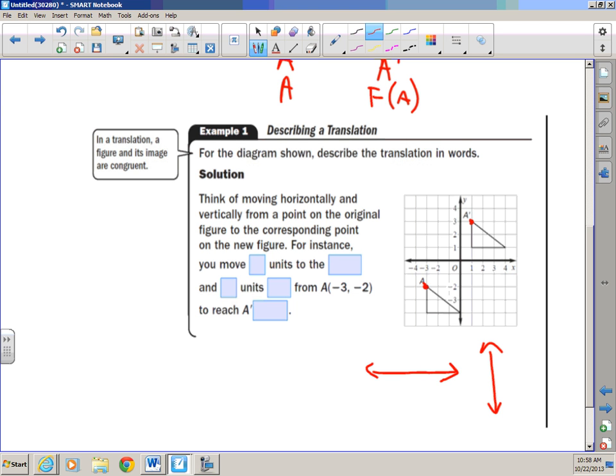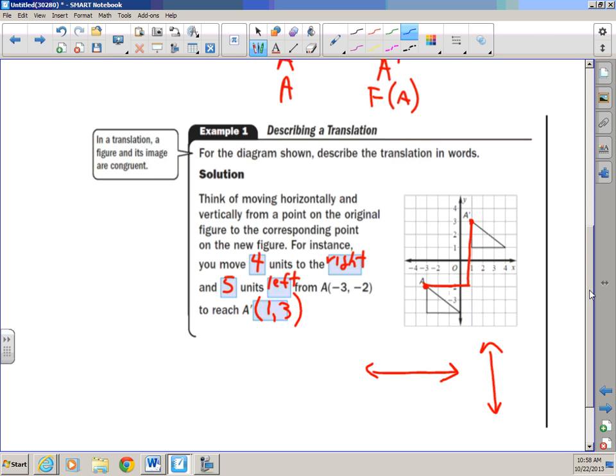Well, I went 1, 2, 3, 4 units to the right, and then I went 1, 2, 3, 4, 5 units up from the original point to get to the new point of 1, 3.